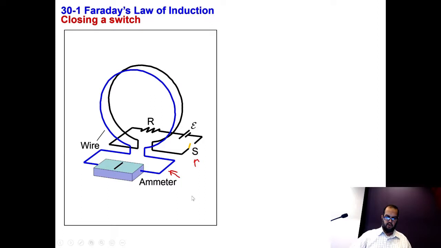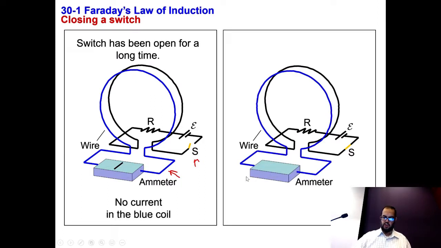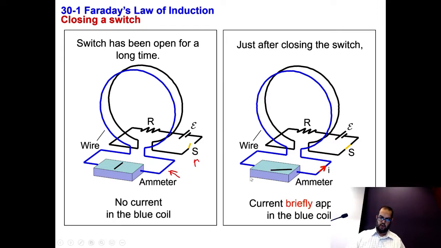As soon as you close the switch, you will notice a current appear in the blue circuit, the loop made in blue. So this is induced, and it only appears when we close the switch.